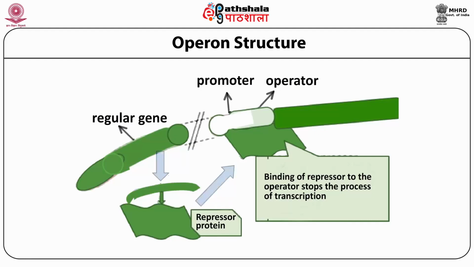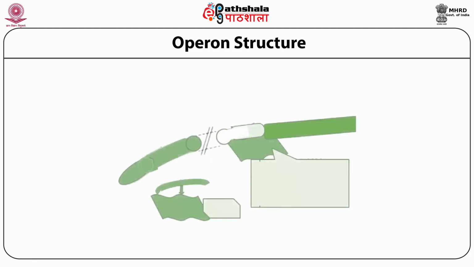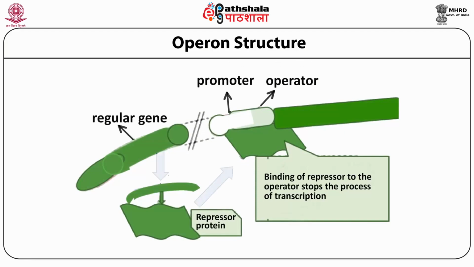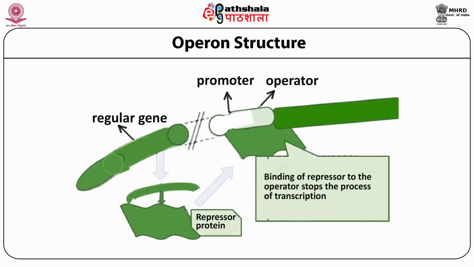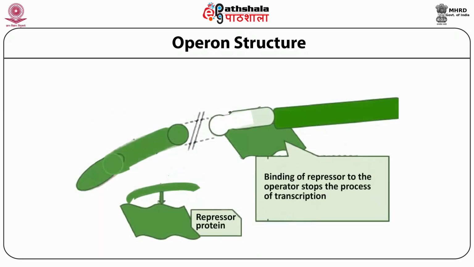However, when tryptophan is present in the cell, there is no need for the expression of the structural genes, and they are turned off.